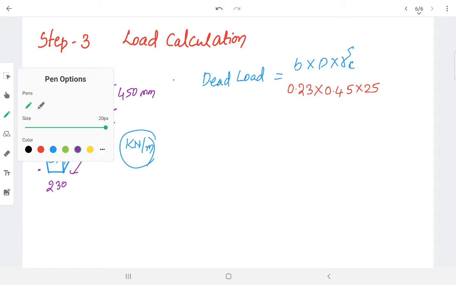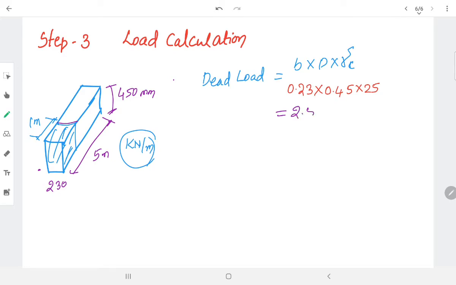It is around 2.58 kilonewton per meter. This is the weight of this beam for 1 meter length. Okay, we will calculate it once again: 0.23 into 0.45 into 25.